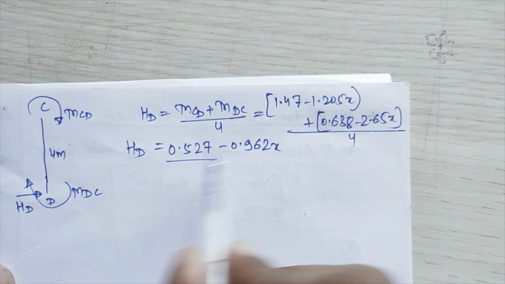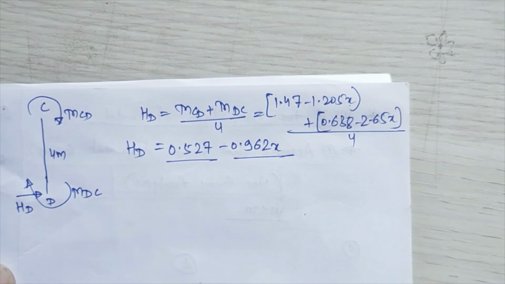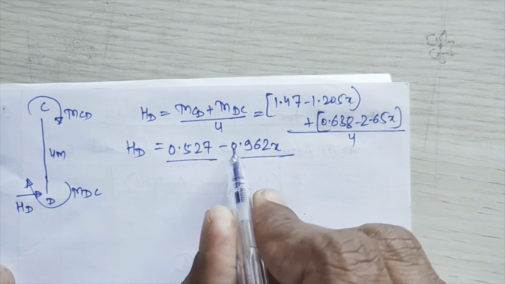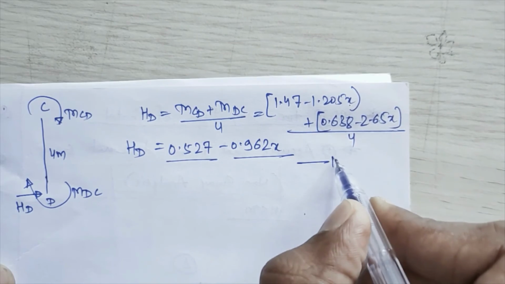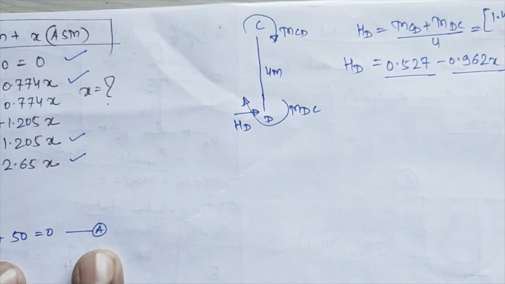Divided by 4, I get 0.527 and minus 1.205 minus 2.65 divided by 4, I get this as minus 0.962 of x. This will be my equation number C. Now I will substitute this HA and HD value in equation number A.